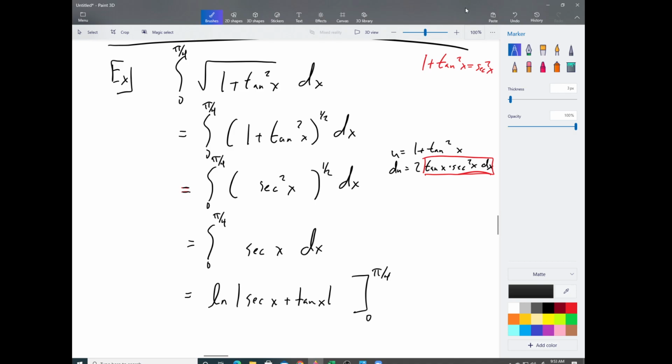And let me tell you, even though I've been doing calculus since slightly before you were born, which is always so weird to say, this is an example of a problem that I couldn't do without grabbing a book and a reference sheet, because I don't have the integral of secant memorized.